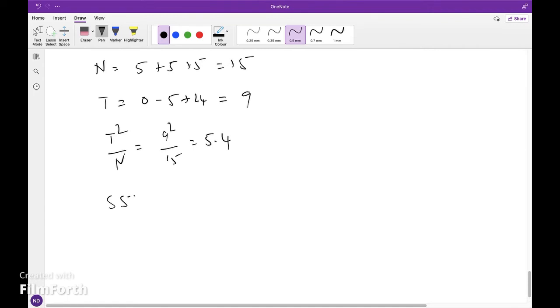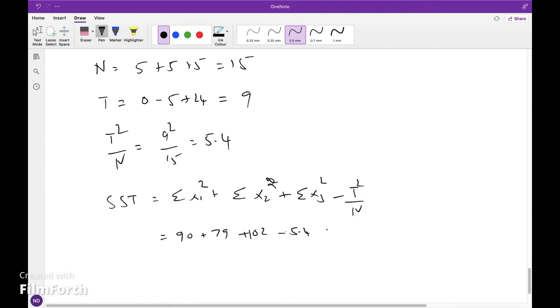Then the total sum of squares is the summation of x1 squared plus summation of x2 squared plus summation of x3 squared, minus T squared by N. That is 90 plus 79 plus 102 minus 5.4 correction factor, that value is 265.5.